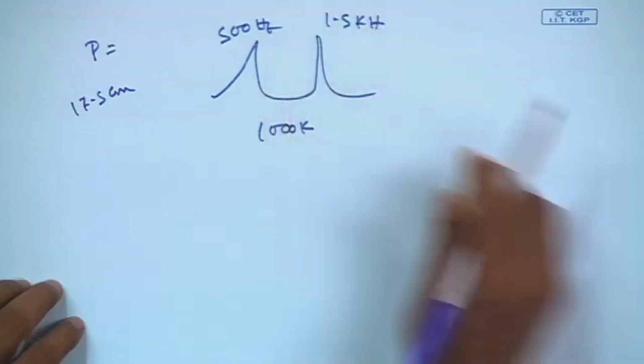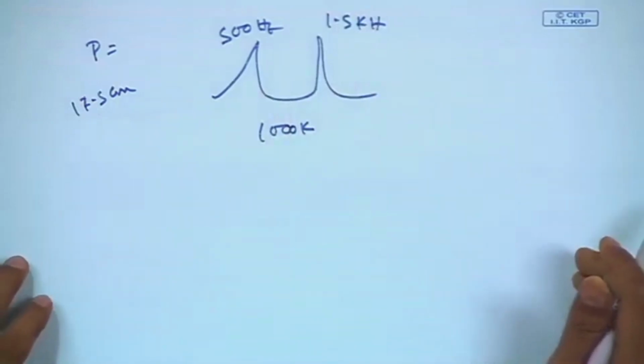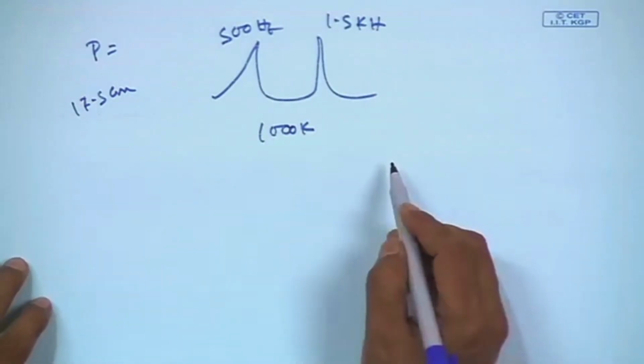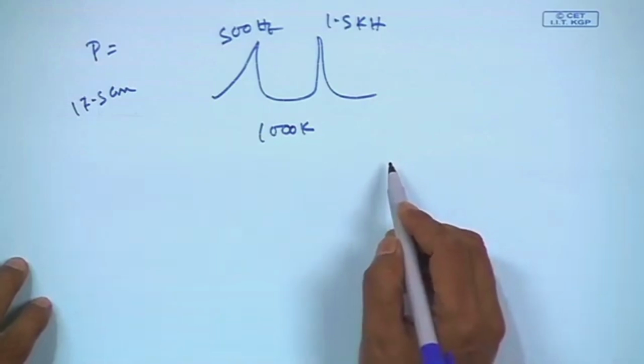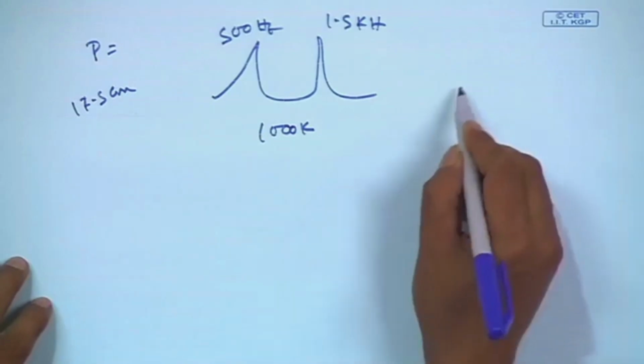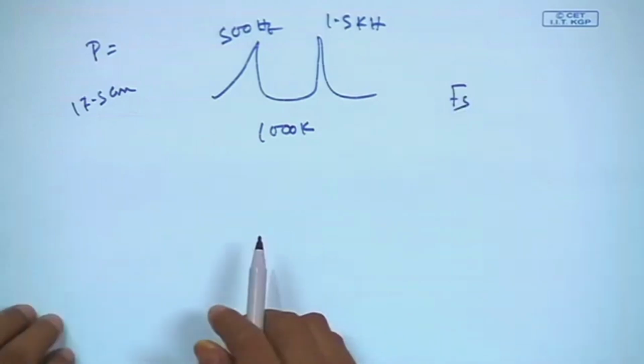So, they are separated by 1000 hertz, that means 1 kilohertz. So, if Fs is my sampling frequency, what is the baseband frequency? Fs by 2.